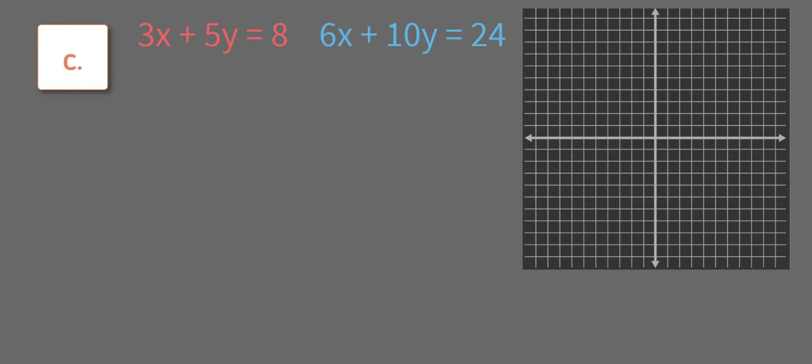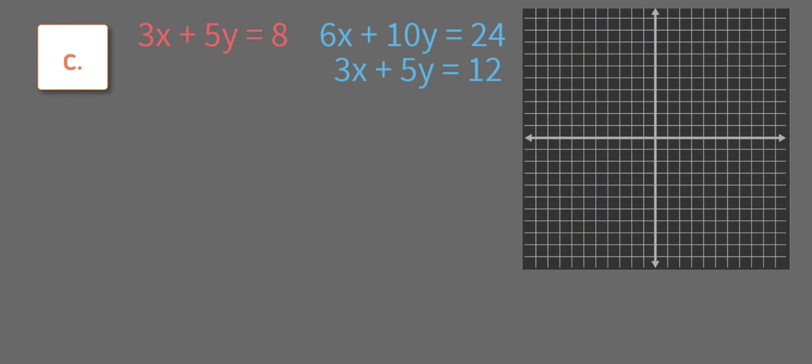Now with this problem, we have 3x plus 5y equals 8 and 6x plus 10y equals 24. I'm going to go ahead and simplify this second equation by dividing by 2. And that's going to give us 3x plus 5y equals 12. Now what you should notice right off the bat is we have the same thing on the left side, but different things on the right side.